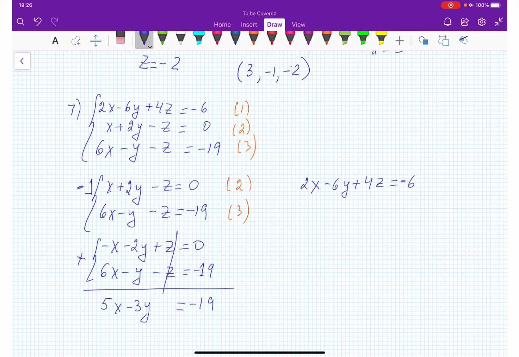What do you think? I think you want number 2 because smaller coefficients and then there is a 0, so less headache. So x plus 2y minus z is equal 0.